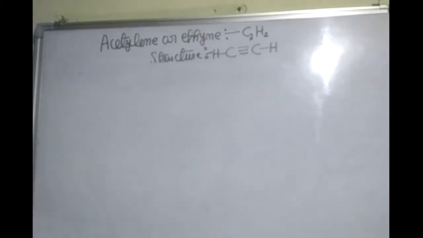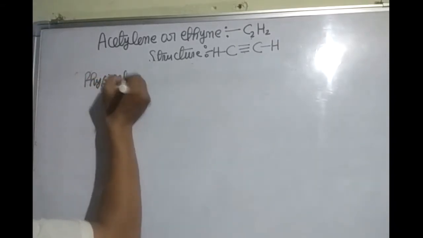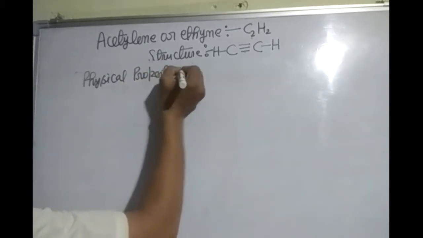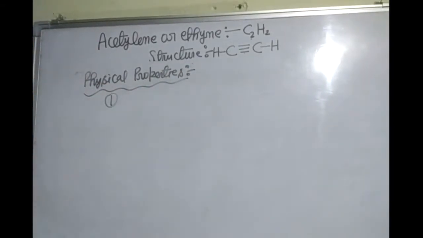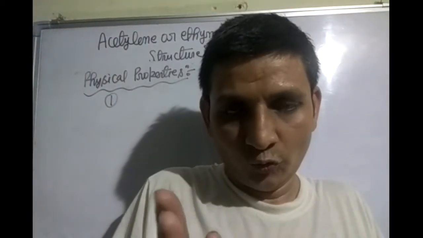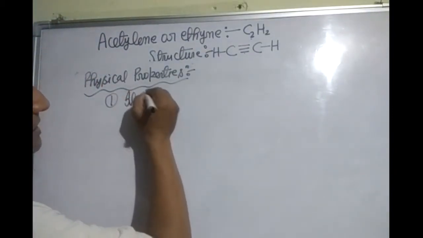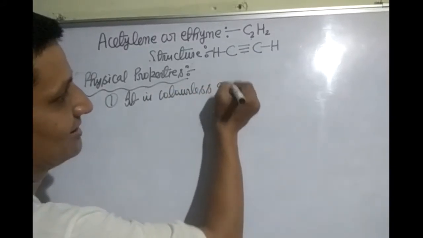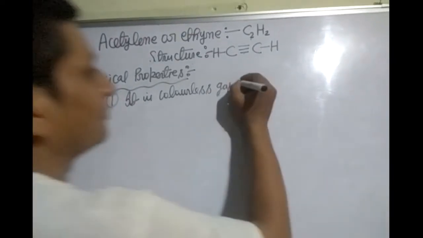Physical property number 1: acetylene is a colorless gas. It is a colorless gas with an ether-like odor.